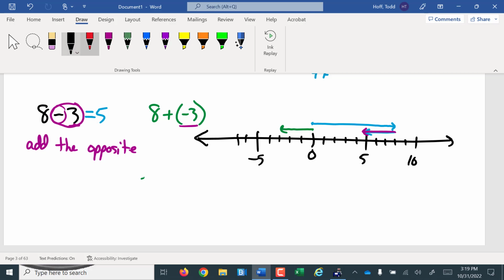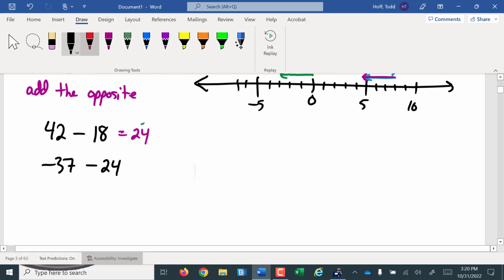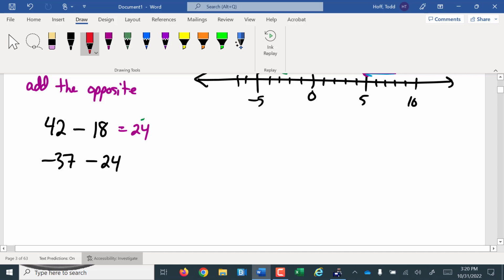Now, if we have positives like 8 and 3, there's no need to change anything. If I give you 42 minus 18, we know how to subtract. I would expect you to just get 24. There's no reason to change anything about that at all. But if it is a negative 37 minus 24, now it might be beneficial to make that change.